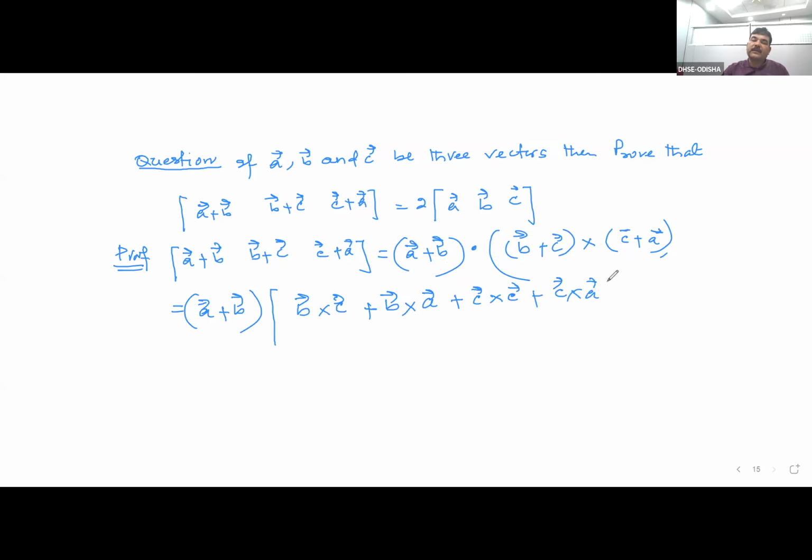You know, C cross C is 0. Because if two vectors are parallel or equal, then their cross product is 0.